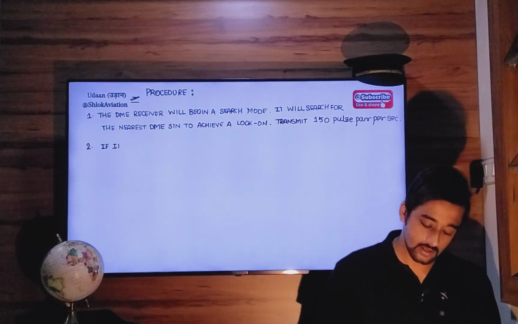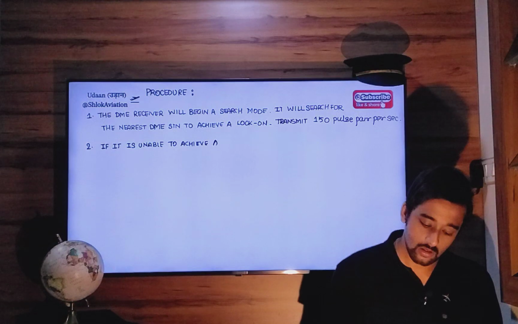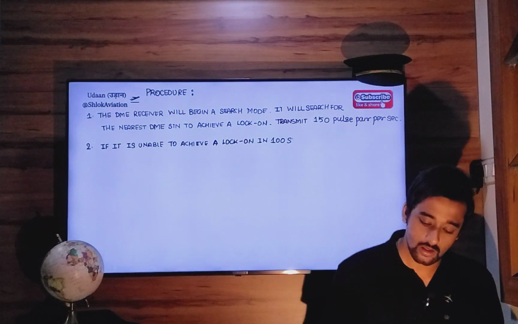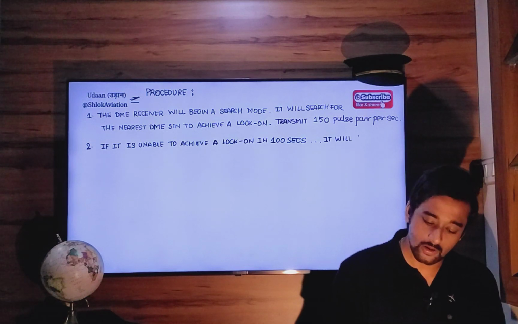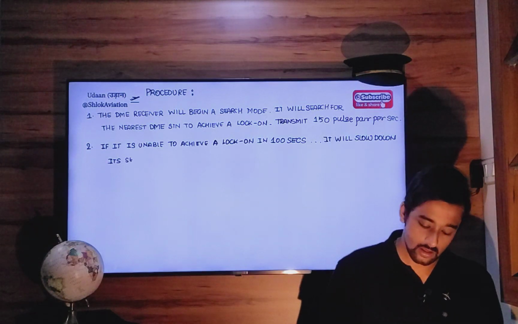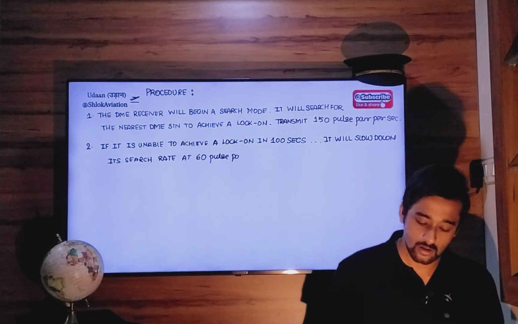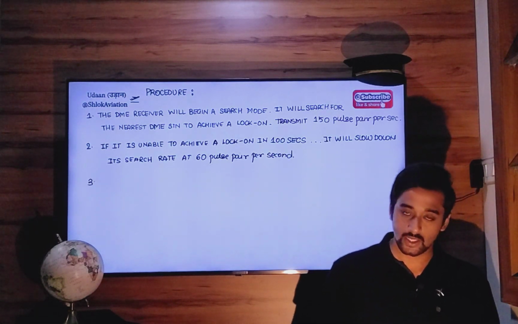If it is unable to achieve a lock on in 100 seconds, it will slow down its search rate to 60 pulse pairs per second. Okay, so this is very important.